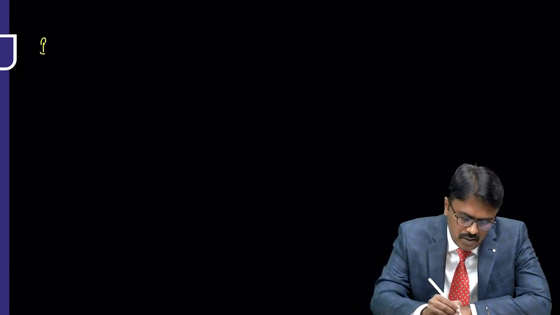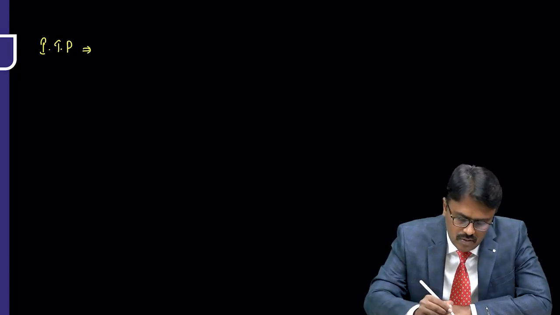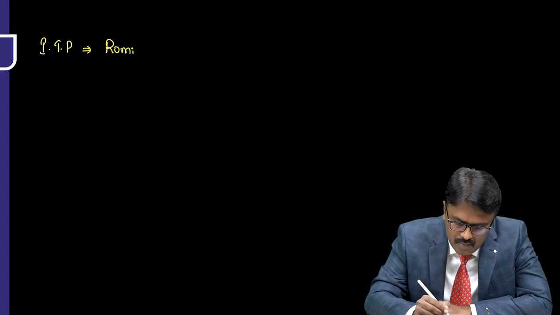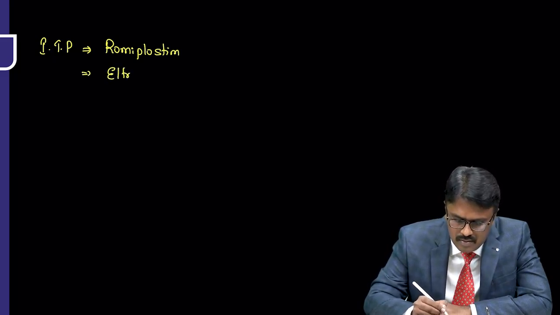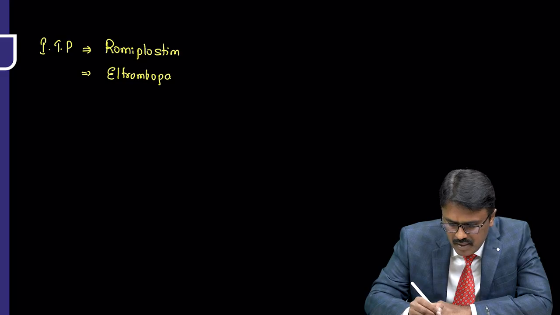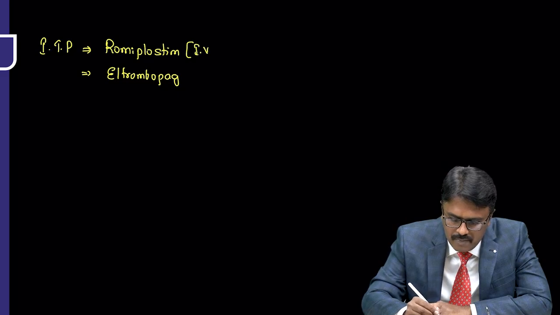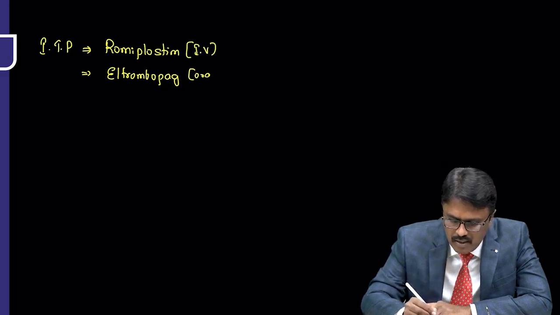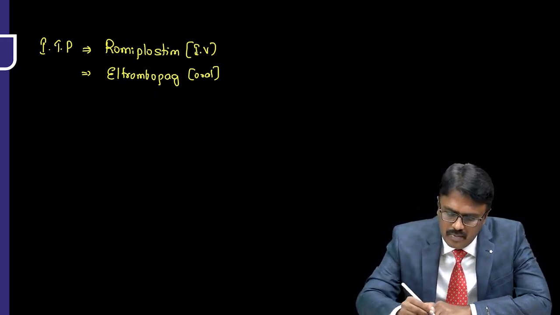Since I am discussing platelets, I want to discuss certain drugs used in idiopathic thrombocytopenic purpura. We have two drugs. One is called romiplostim, and one more is called eltrombopag. Romiplostim is given IV and eltrombopag is given orally, and they are used to manage idiopathic thrombocytopenic purpura. What is the mechanism?